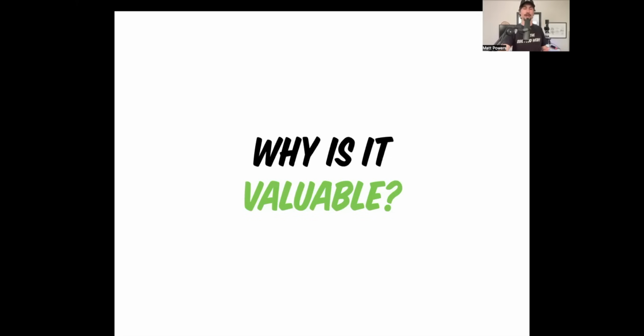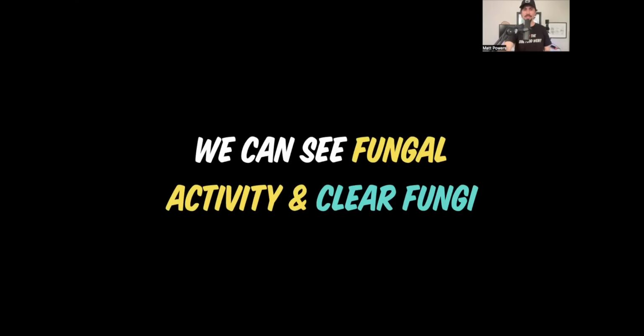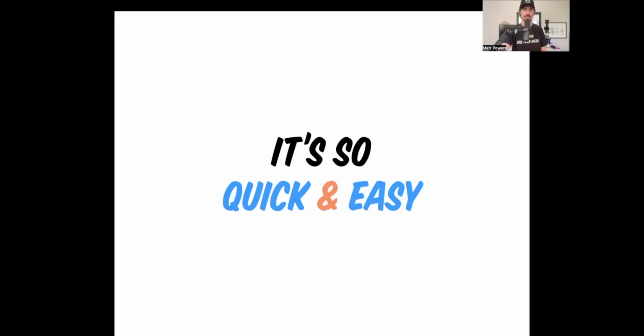Yeah. So why is this valuable? We can see the fungal activity in clear fungi that we couldn't see before. You take the root, you put it underneath, and you flip the light on, and that's it. There's no stain, there's no water, there's no cutting, other than when you remove the root, right? You get it now, don't you?